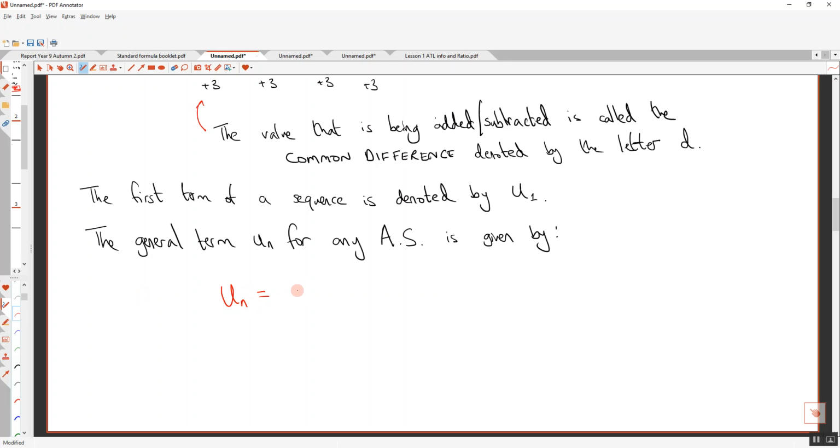Un is equal to U1 plus n minus 1 multiplied by d. So this will give us the nth term of any arithmetic sequence.